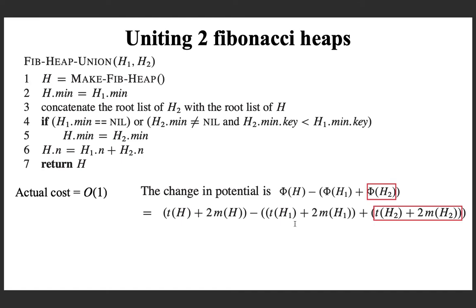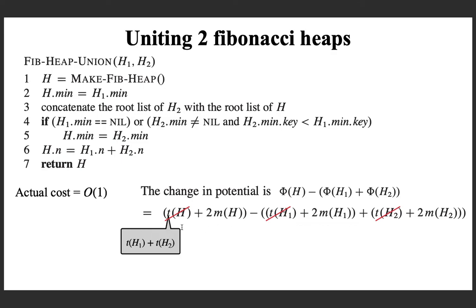Now, if you observe, you can see that the number of trees in the resulting instance must be the number of trees in H1 plus number of trees in H2, because you are just combining the list H1 and H2 into a single heap. So, the sum of the number of trees is the number of trees in the resulting instance, because you are just combining two lists.